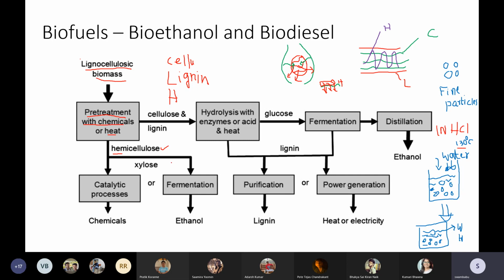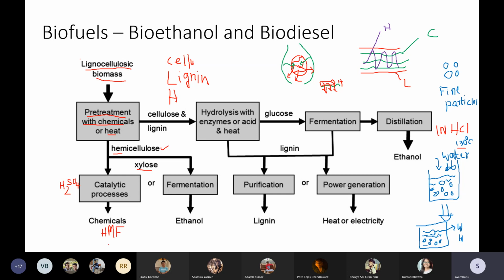This hemicellulose is already dissolved. The sugar molecules are already dissolved. One type of hemicellulose sugar is xylose, so it dissolves in water, right? If you add certain catalysts like sulfuric acid to the dissolved hemicellulose and perform a reaction, you can produce chemicals like HMF, hydroxymethyl furfural.